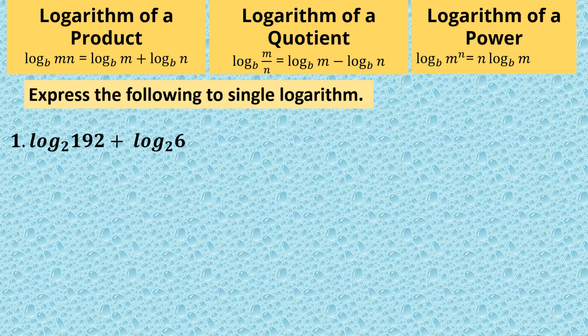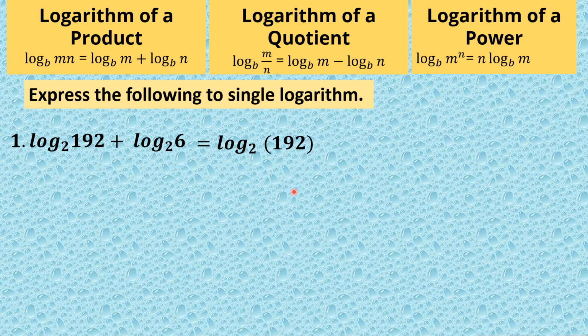Number 1, we have log of 192 to the base 2 plus the log of 6 to the base 2. Since the operation used is plus, we will be applying the logarithm of a product. By adding them, we express them as a product: log of 192 times 6 to the base 2.